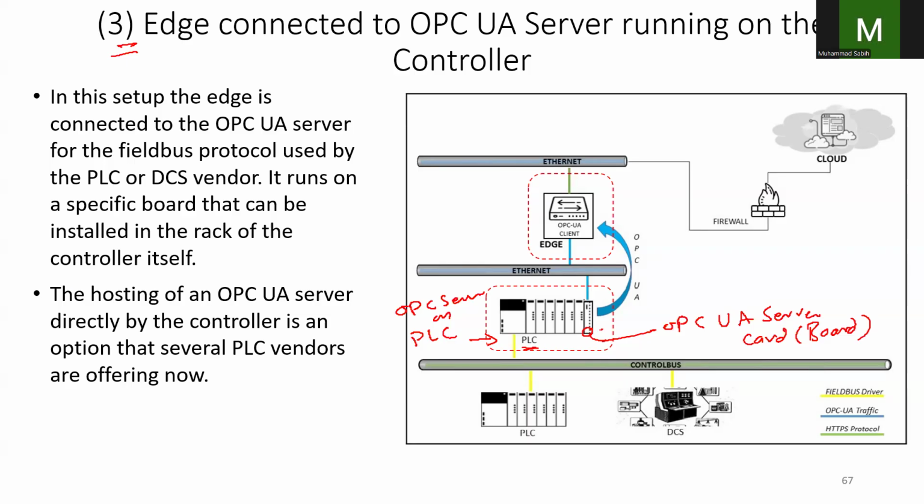So this simplifies the integration, since the edge device can act as an OPC client and connect directly to the controller and retrieve all the necessary data without needing extra converters or gateways. And by this, if there is a problem, we know exactly the source, since we are getting the data directly from the source.